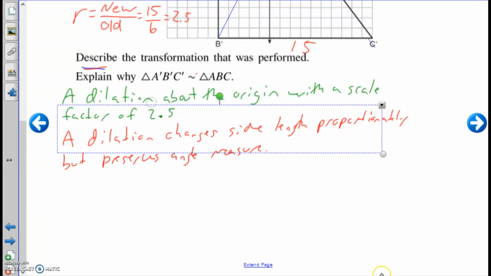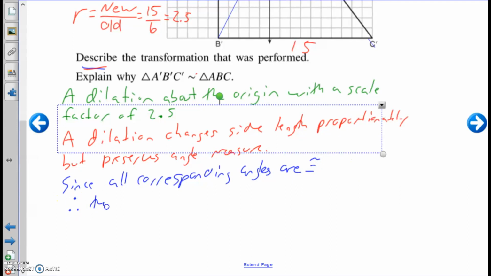So I'll say since all corresponding angles are congruent, therefore the triangles are similar. Certainly not the only way you could phrase that.